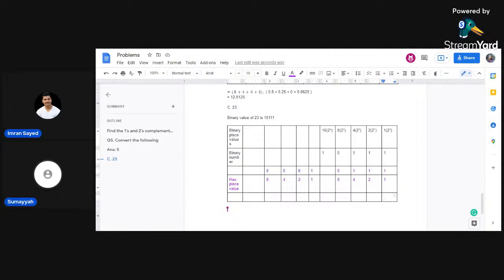So it's 7. Sorry, I didn't get where this comes from. Is this coming from some chart? No, they're just 8, 4, 2, 1. For each group of 4, you put the place values 8, 4, 2, 1. Oh, okay, got it. If you're doing octal, you put 4, 2, 1 and make groups of 3.